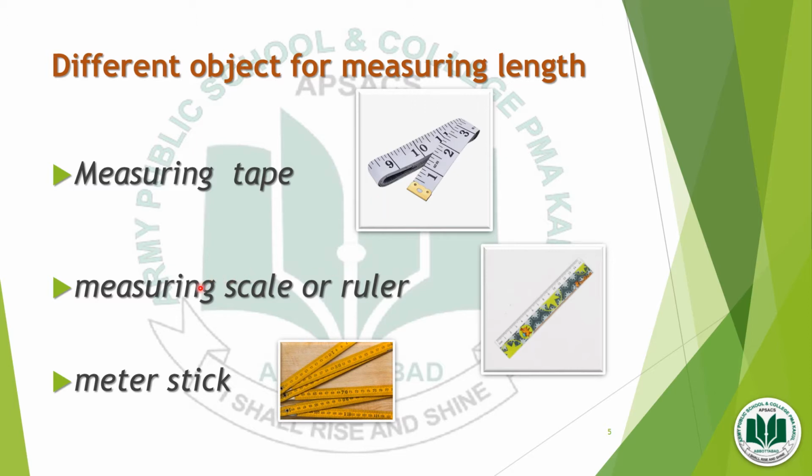Then we have another instrument, the measuring scale, and all the students have this scale. You use this scale for measuring the length of lines or smaller things. Then there is another instrument which is called a meter stick, and you can see this instrument mostly in a shop of clothes. These are the instruments which are used to measure length.